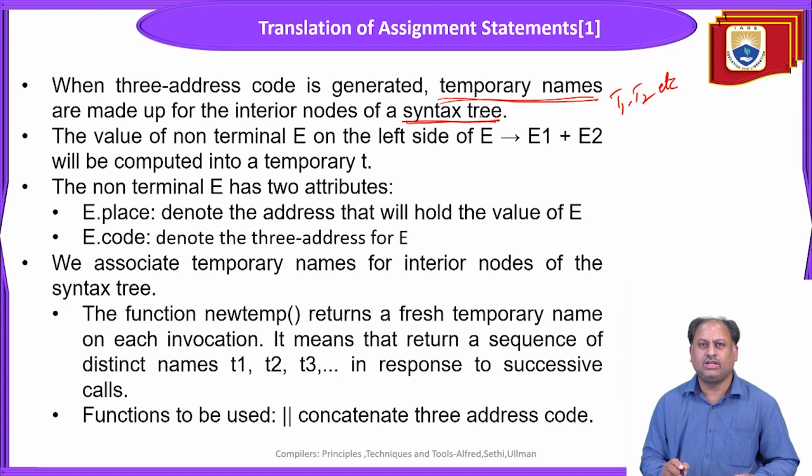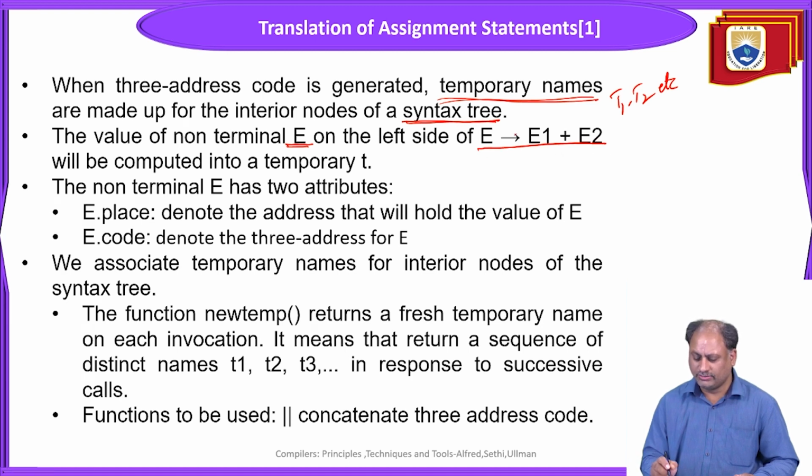In that syntax tree, all the interior nodes, the internal nodes, are considered operators and the remaining ones are operands. Like this, for every non-terminal we describe the structure. For example, on the left side of the expression, E derives E1 plus E2.